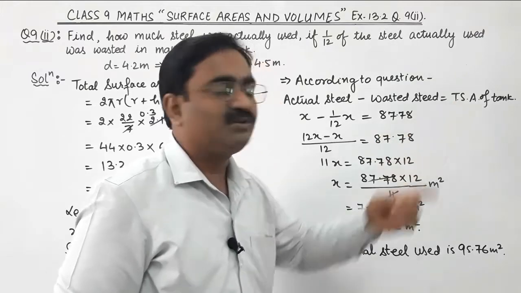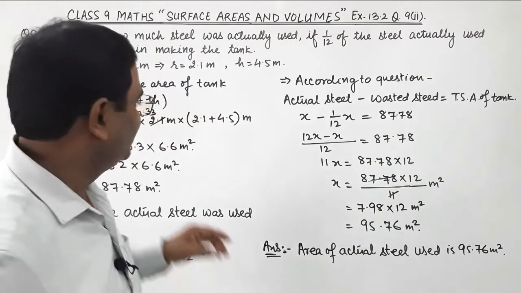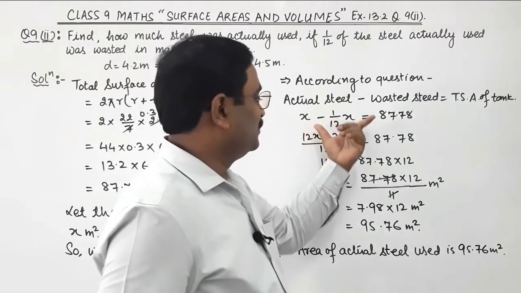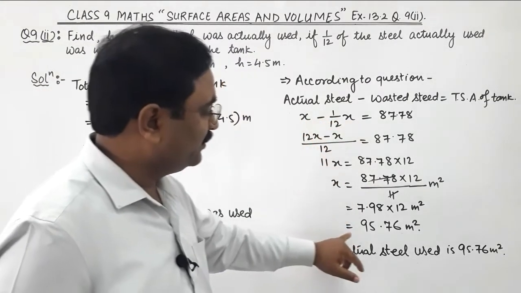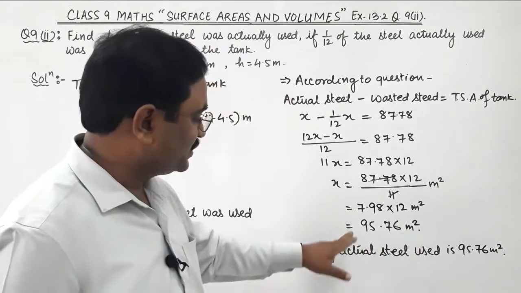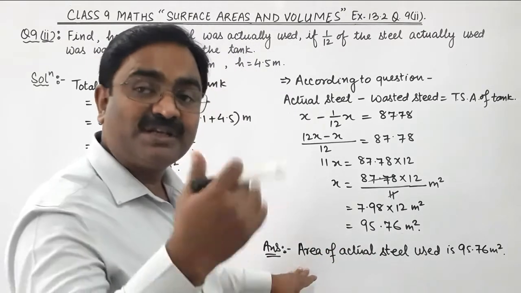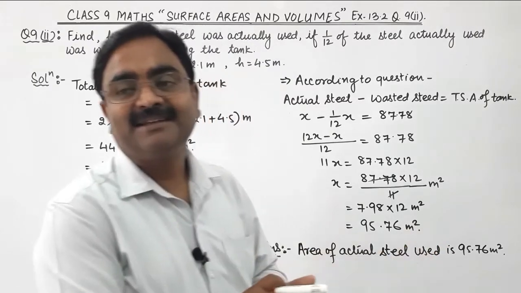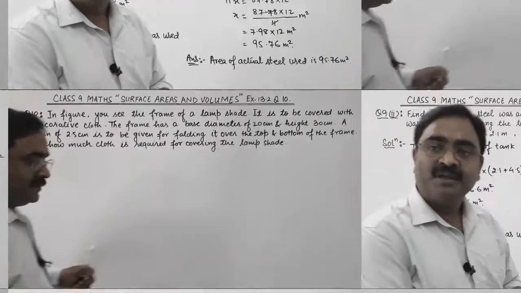Afterwards it is equal to the total surface area of the tank that is made with this steel. So after writing and simplifying we got 95.76 meter square was the area of the steel that was actually taken for making this tank.